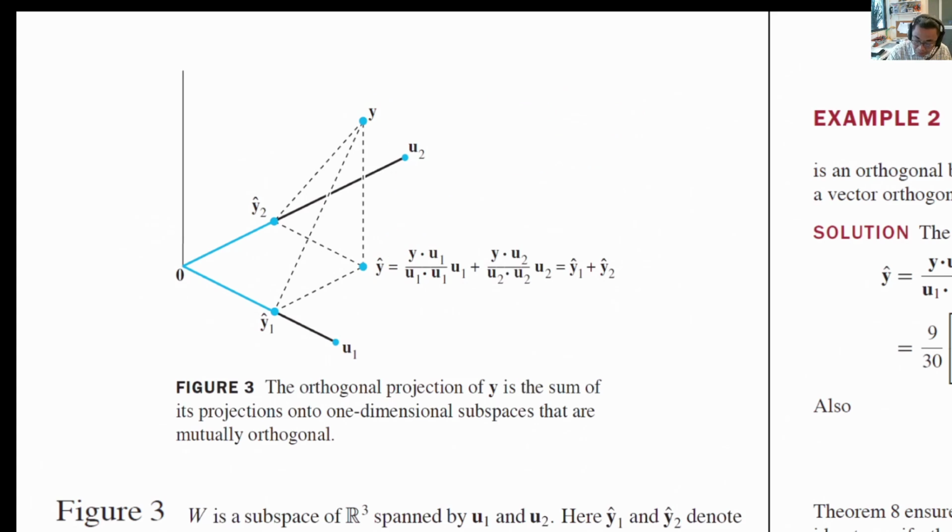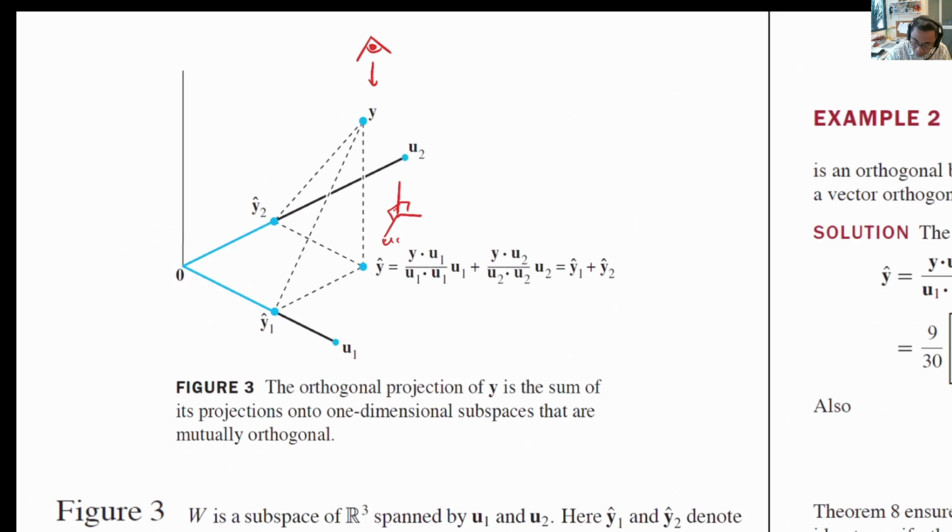Let us try to interpret what orthogonal projection of y means. Imagine your eyes are directly on top of y, perpendicular to both u1 and u2.